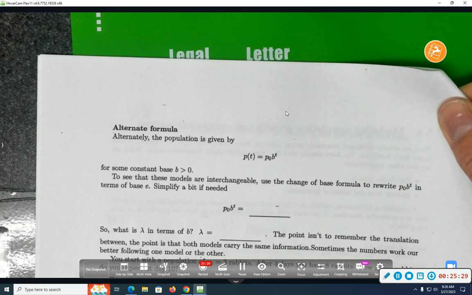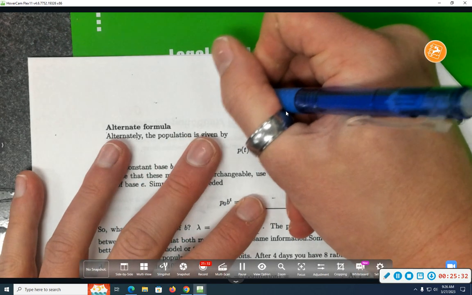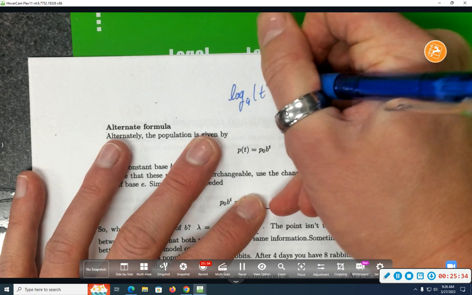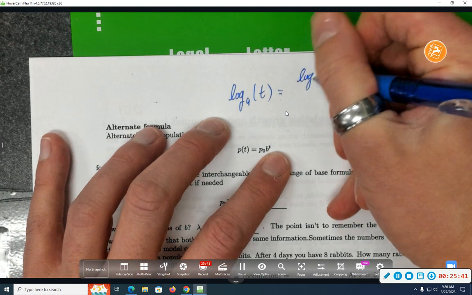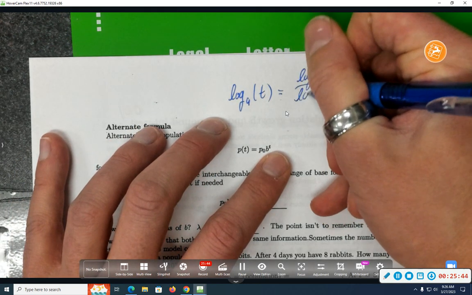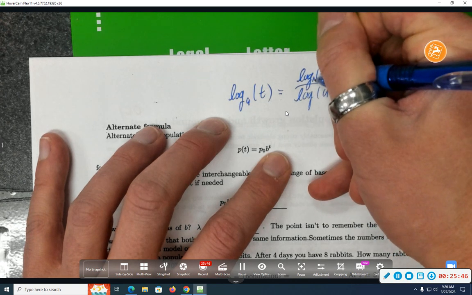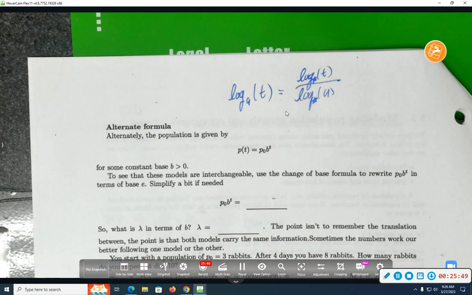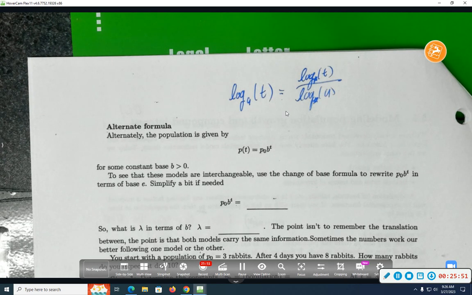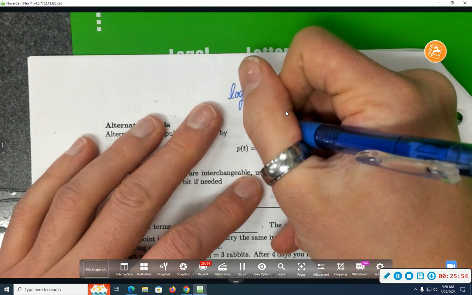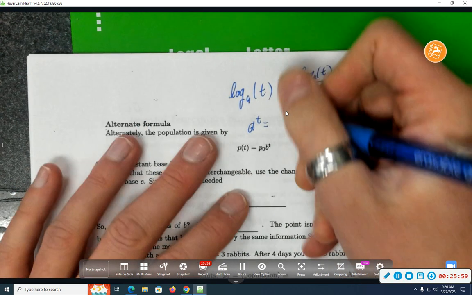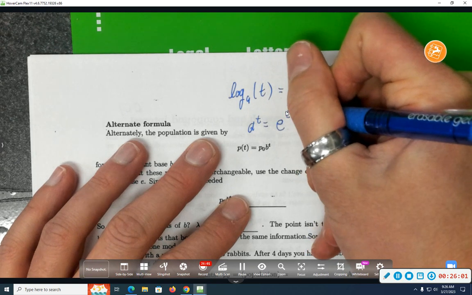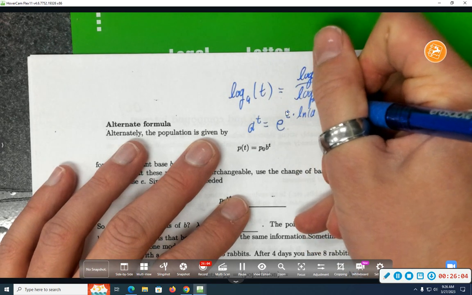Many people remember the change of base formulas for logs, where this base could be anything you want, as long as they're both the same base. There's a similar thing for exponentials. A to the t can be written in terms of any other base you want. So I'll use base e right now: e to the t times ln of a.